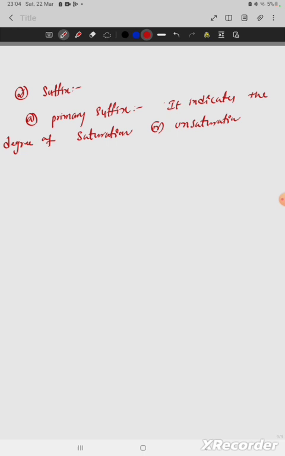Here we will see the root word, primary suffix and generic name.